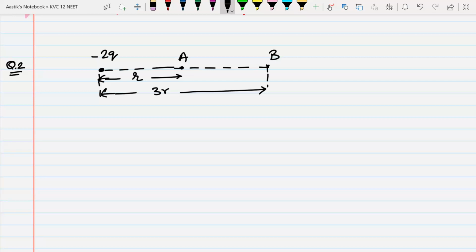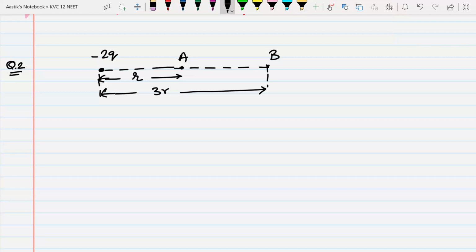It's a very bad sign that you have forgotten how to find out the electric field. Did I ever say electric field minus something? What does the minus sign mean if it comes? What does it mean actually, beta?